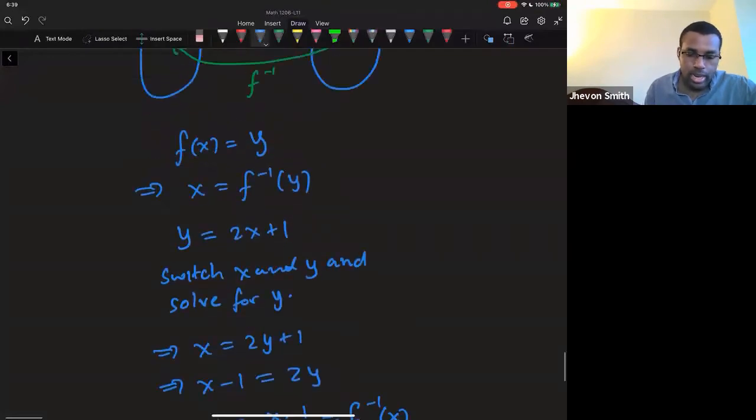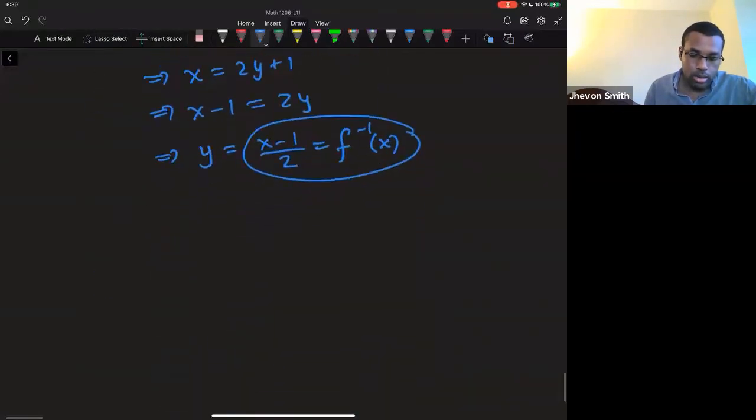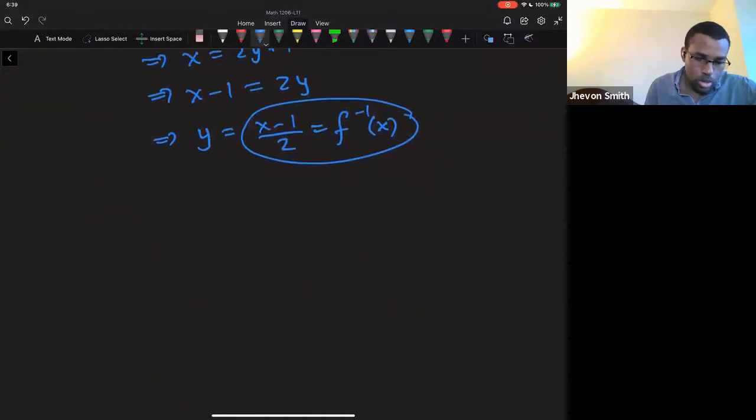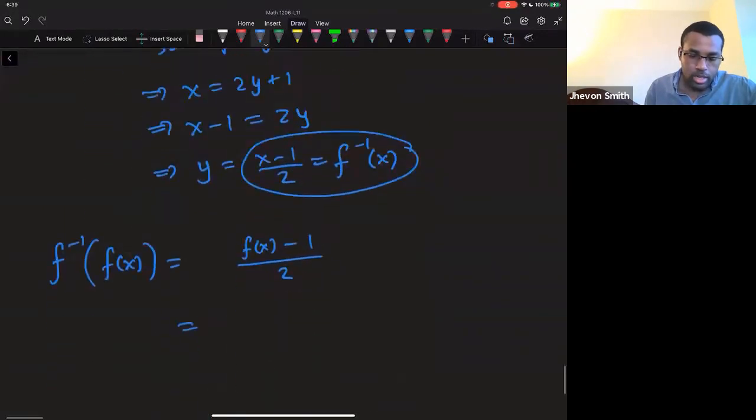And you realize that anything this function does is going to be undone by this function. And you can check that. So if you were to say f inverse of f of x, that means you're going to plug f of x into the inverse function. Plugging in f of x is 2x plus 1.